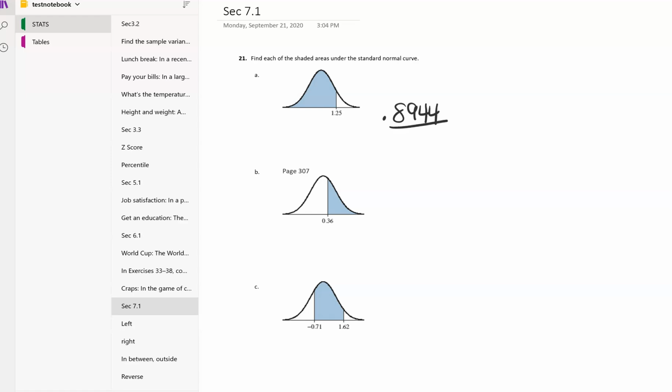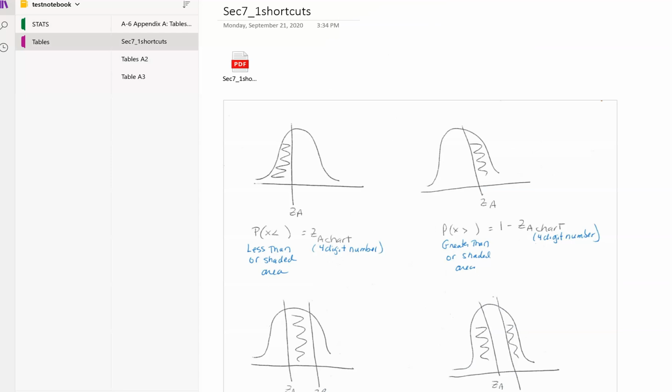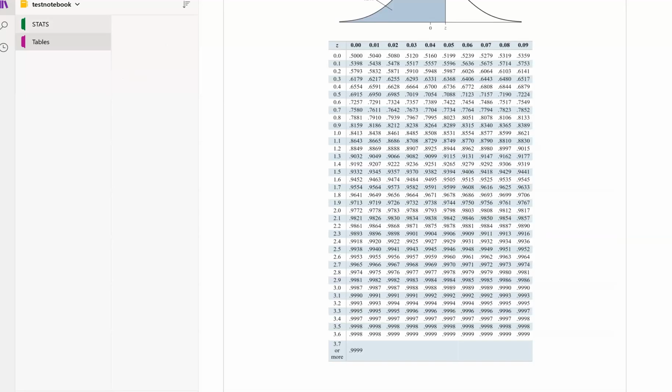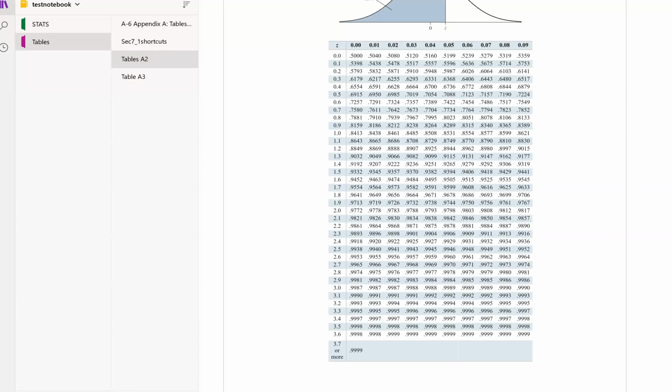Okay, the next one, 0.36. This is shaded to the right. So looking at my shortcuts, shaded to the right, I need to look up the number on the table and subtract it from 1. So I'm going to look up 0.36. 0.3 is right here, and then the 6 is here.